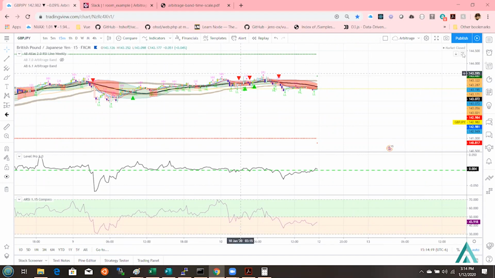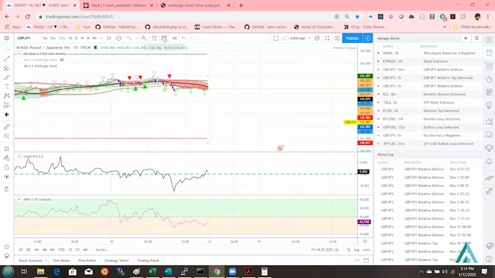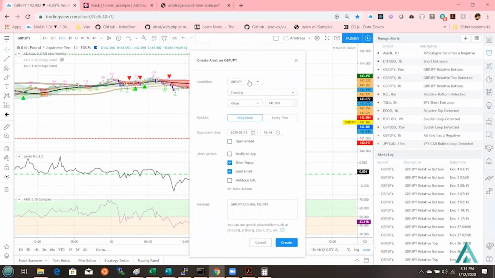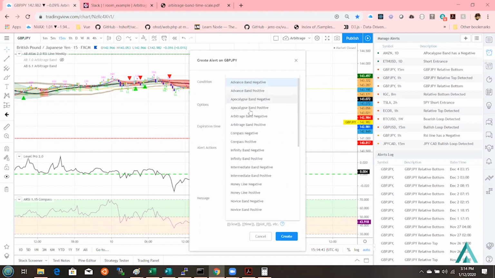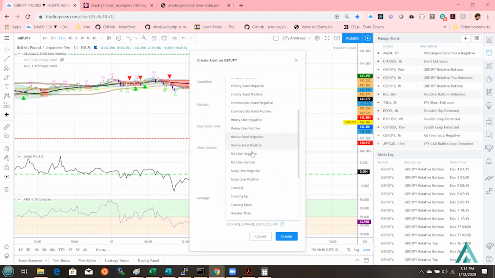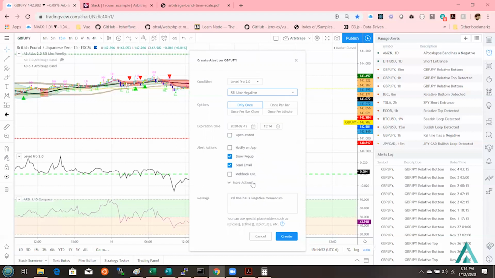Inside TradingView, you have the ability to set alerts. You can either click the create alert here, or you can click the set alert here. If you're using the system, then any of the indicators that you have turned on. So for example, if I'm using Level Pro, I would set it to Level Pro, and any of the bands. If I want to know when it first goes negative or first goes positive, I can say, tell me when my RSI line goes negative.